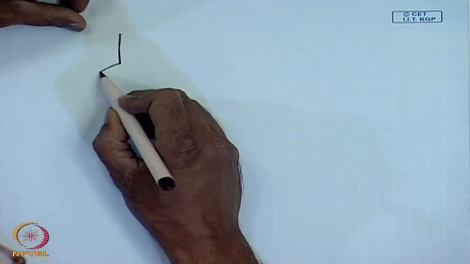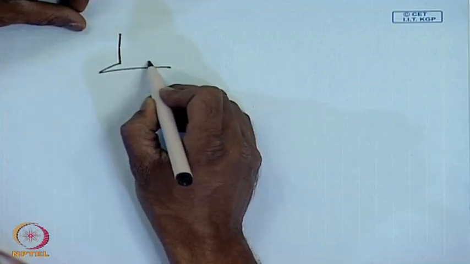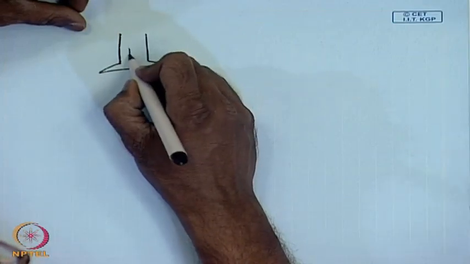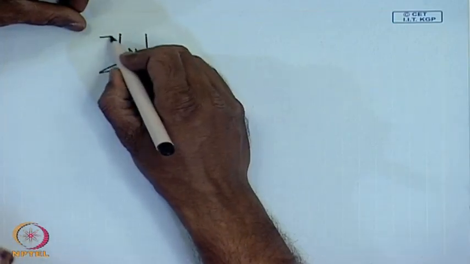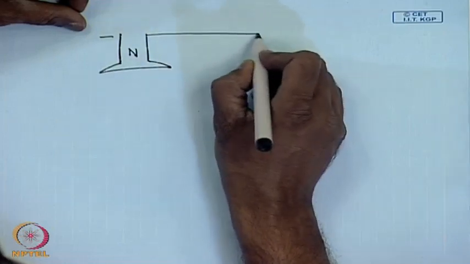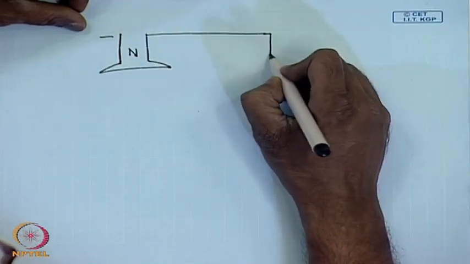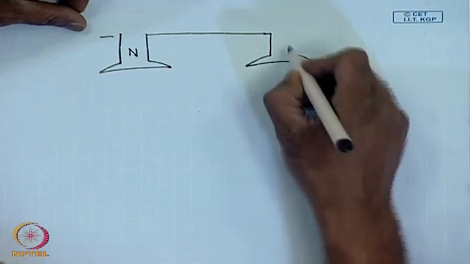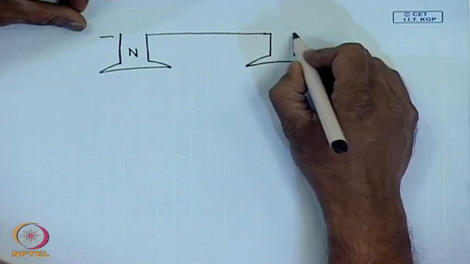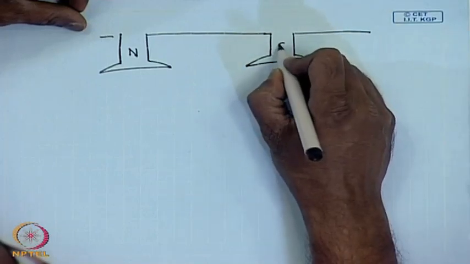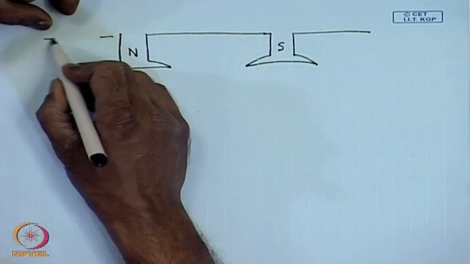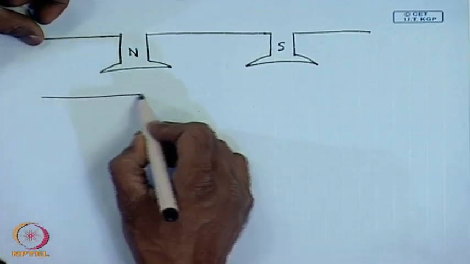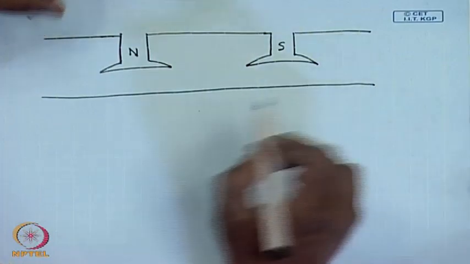So, this is the north pole on the stator, this is the south pole on the stator, and let us say this is the armature.